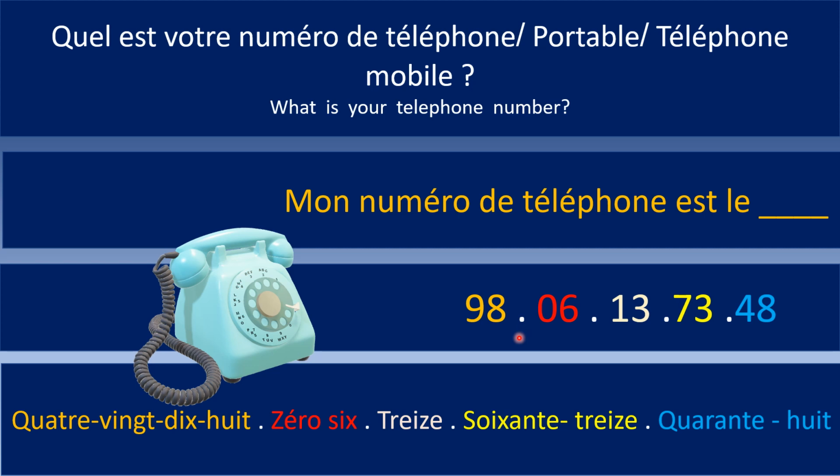Never say 00, 33 or whatever repeated numbers, and never use O for a 0. So we'll read this number as 98 is 98, 06 will be 06, 13 will be 13, 73 is 73, 48 will be 48.